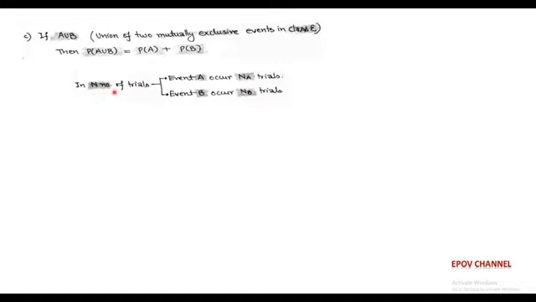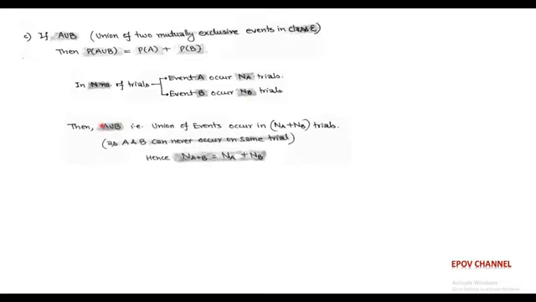So let us consider event head A occurs in Na trials and event tail B occurs in Nb trials. Then we can say A union B occurs in Na plus Nb number of trials, because here head A and tail B can never occur in a single trial. Therefore, the total trials N of A union B equals Na plus Nb. Now divide both sides by the total number of trials, that is n. Therefore, the expression becomes N of A union B upon n equals Na upon n plus Nb upon n.